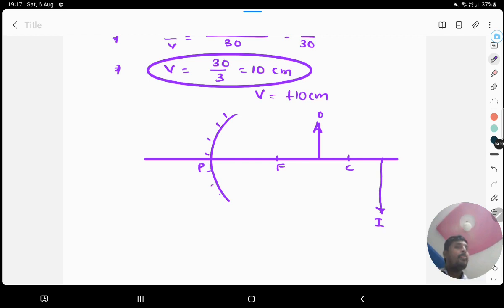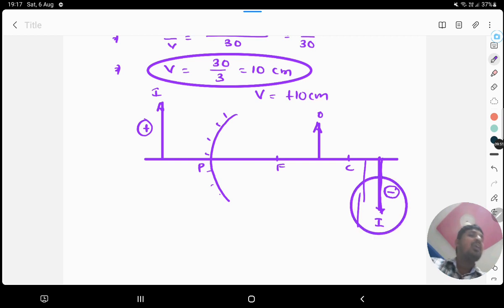Now tell me, if the image is formed below the principal axis, then its height is taken as minus. If the image is formed above the principal axis, then its height is taken as plus. See, if the image is formed below the principal axis, then its sign is taken as minus. If the image is formed above the principal axis, then the size is taken as positive.